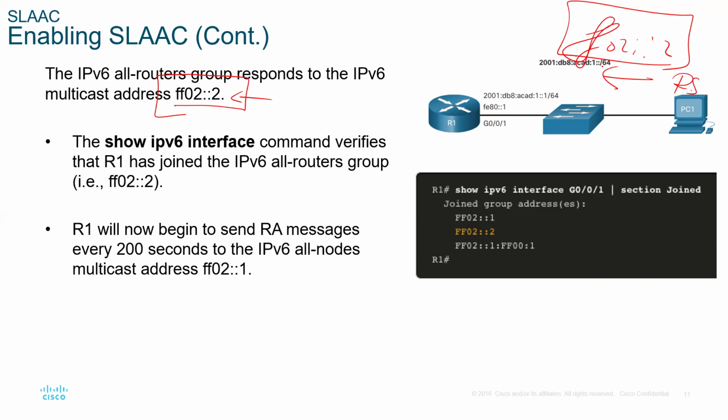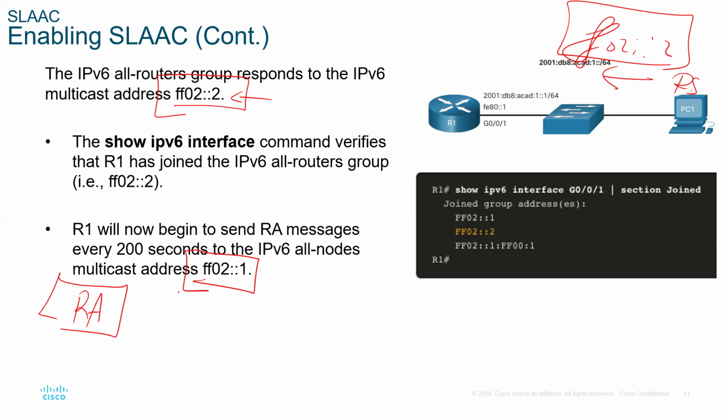Another thing that happens when we enable SLAAC is that every RA message sent from the router will be sent to this multicast group here.